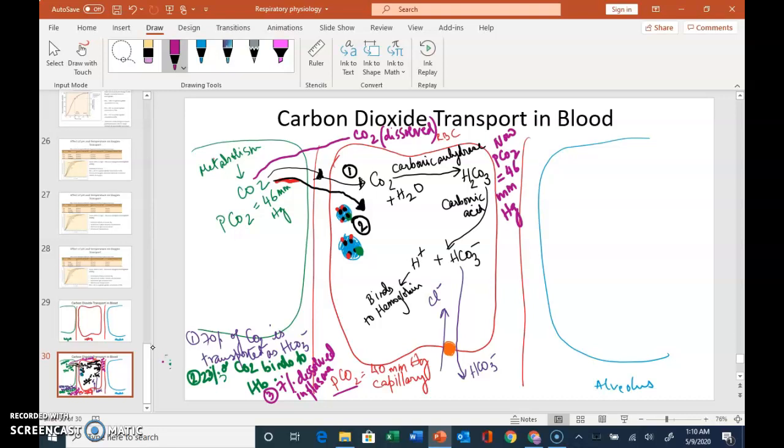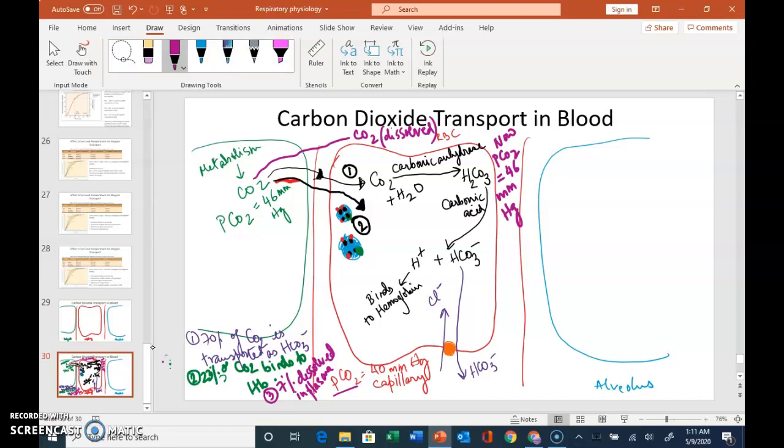I want you to remember that about 70% of carbon dioxide is transported as bicarbonate in plasma. About 23% of carbon dioxide is transported by binding to hemoglobin, and about 7% of carbon dioxide is transported in plasma in dissolved state.